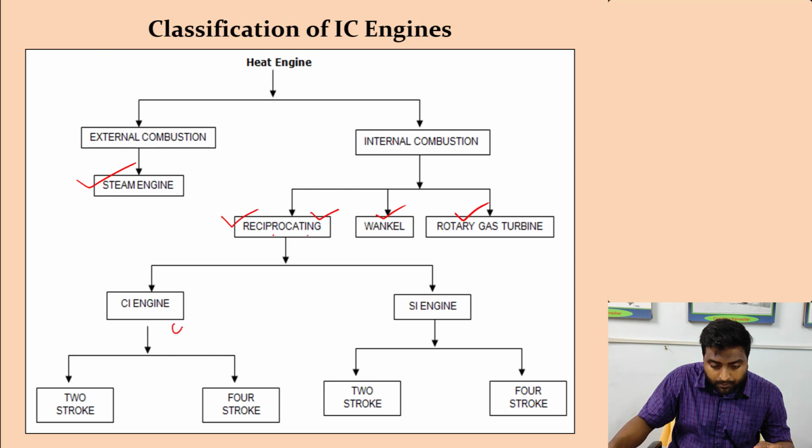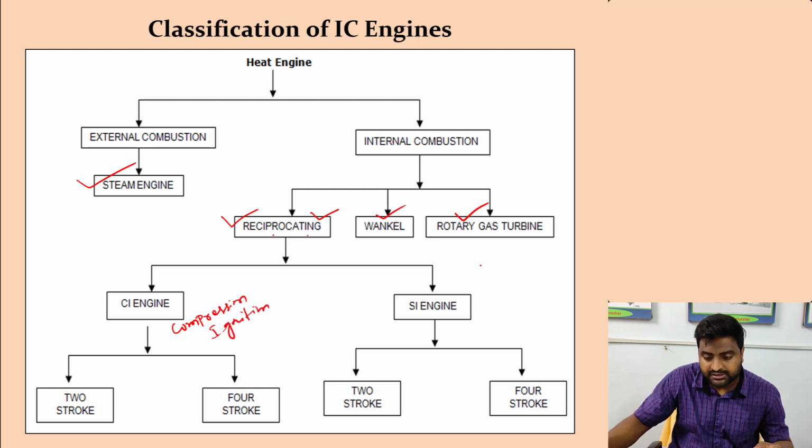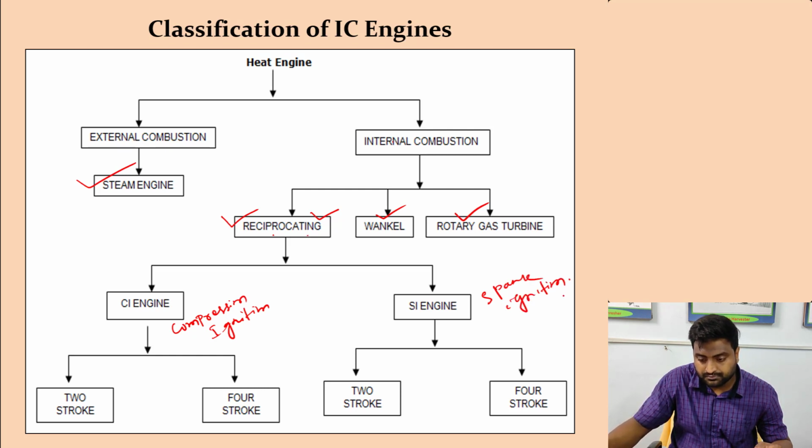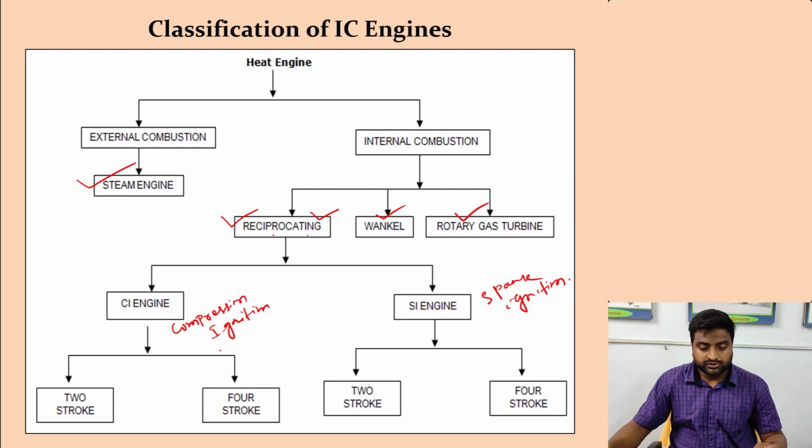CI means compression ignition engine, and SI is the spark ignition engine.